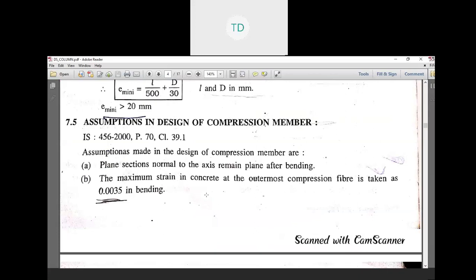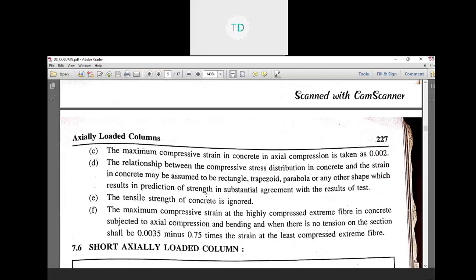There are some assumptions given by IS 456, also available on IS 456 page number 70, to design a compression member. First, plane sections normal to the axis remain plane after bending. The maximum strain in concrete at the outermost compression fiber is taken as 0.0035 in bending.